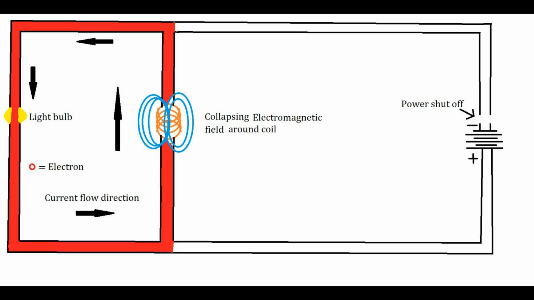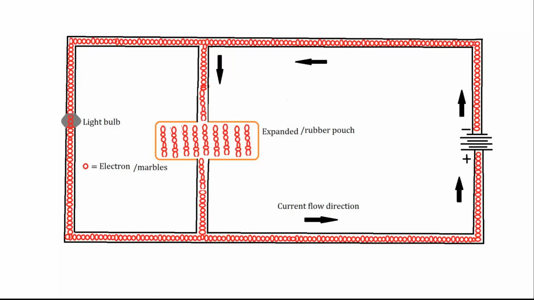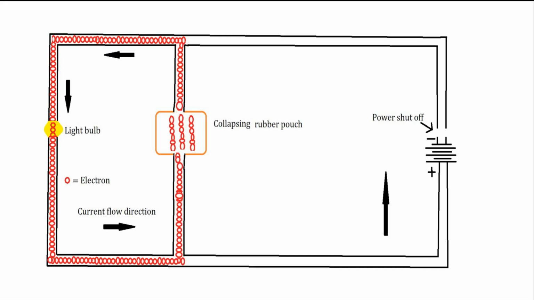That stored voltage goes through the light bulb branch of the circuit. The process is similar to a rubber pouch that expands as it fills with marbles, the marbles being the voltage. Then, after the marble source is disconnected, the pouch releases the marbles until it's empty.